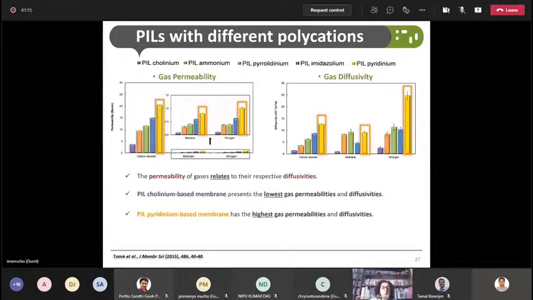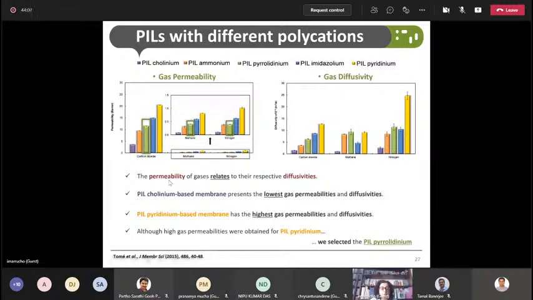What we picked up was the pyrrolidinium, because in the pyrrolidinium we can buy them. And if we buy them, we always know the molecular weight, and we know that we want a high molecular weight and a fixed molecular weight to take out the effect of the molecular weight from our equation.